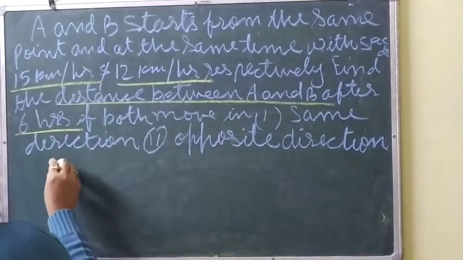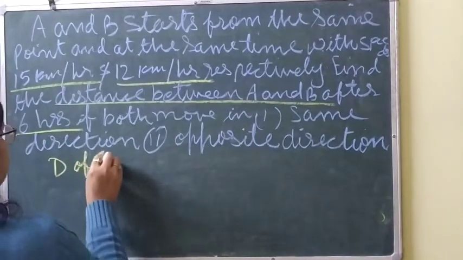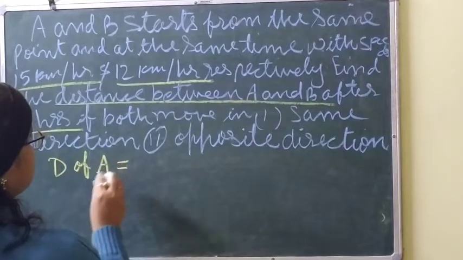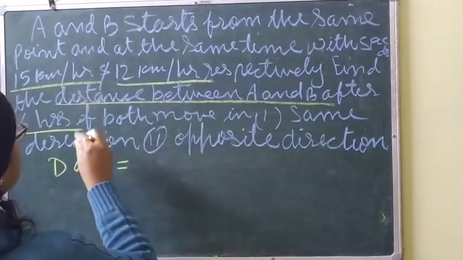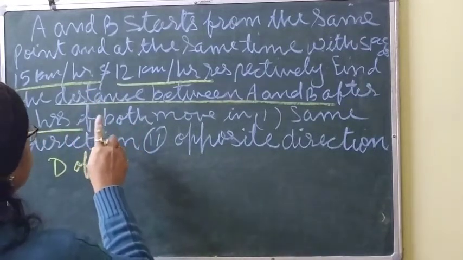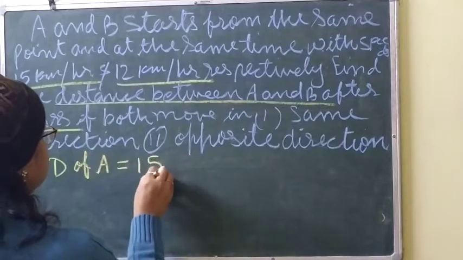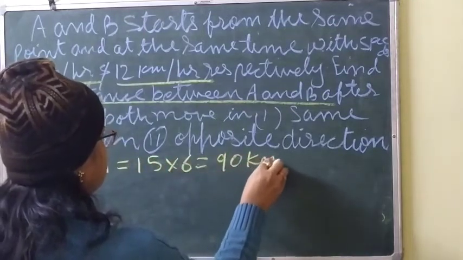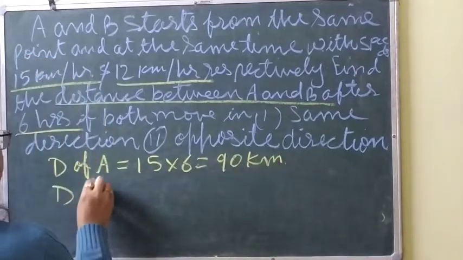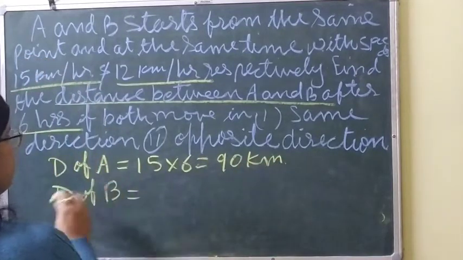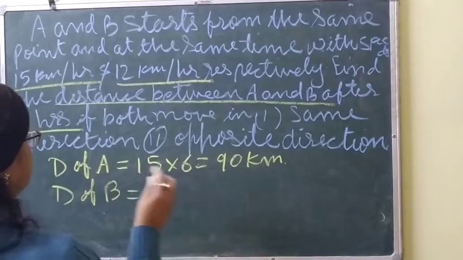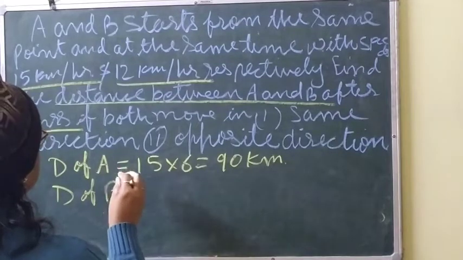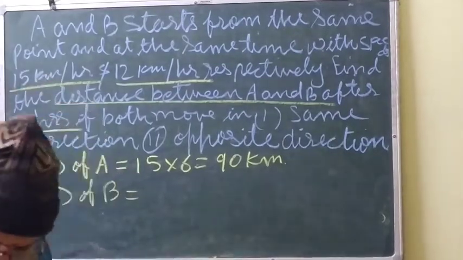So, distance of A, it will be what? Speed into time. So, 15 into 6, 90 kilometers. Okay? And distance covered by B. It's better to write here.